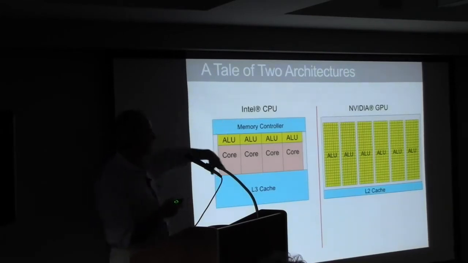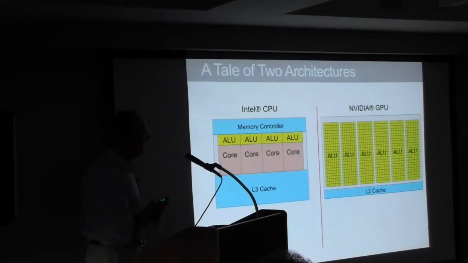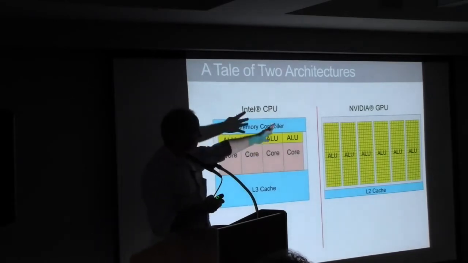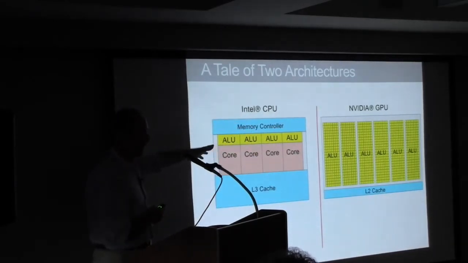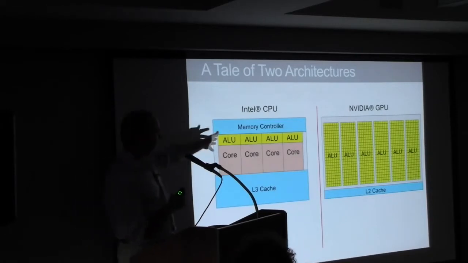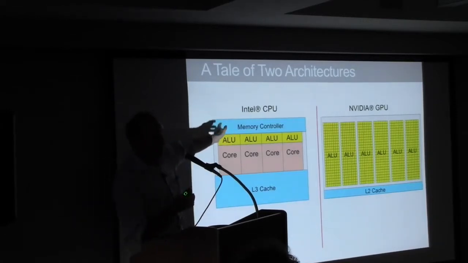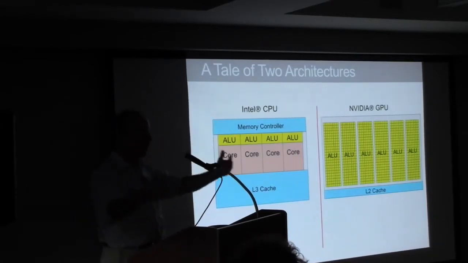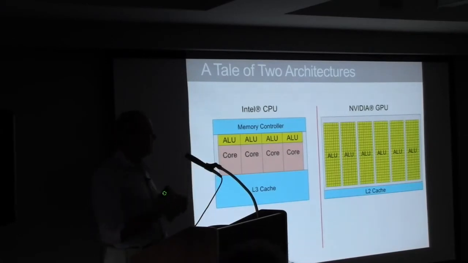I'll just point out the most obvious difference between graphics processors and CPUs is that the graphics processor really is mostly a processor. A CPU is mostly a cache. And the loads that CPUs are really built to deal with involve a lot of data movement, data reorganization, less computation.